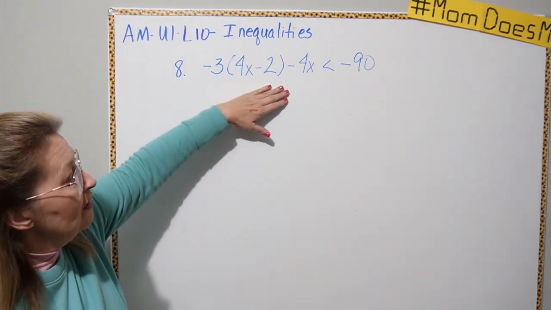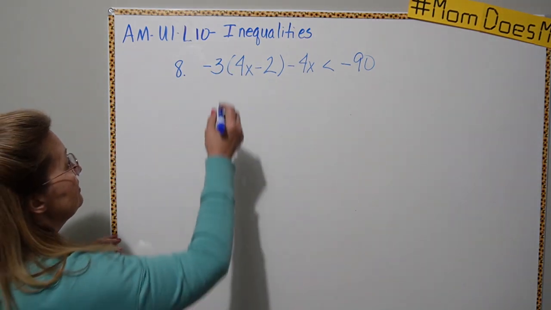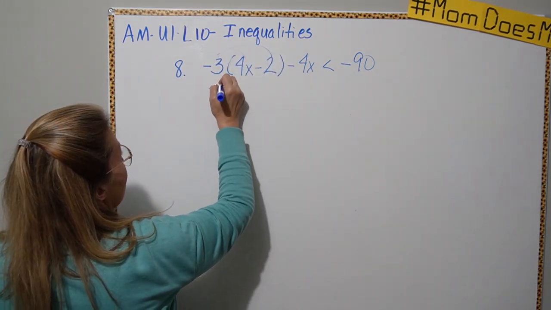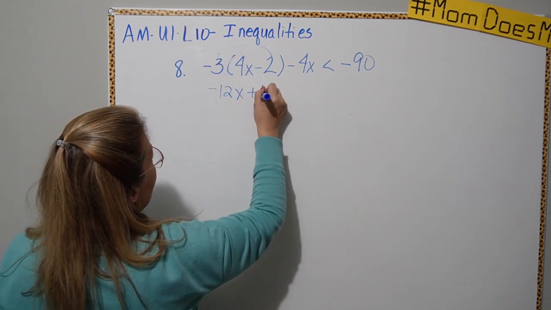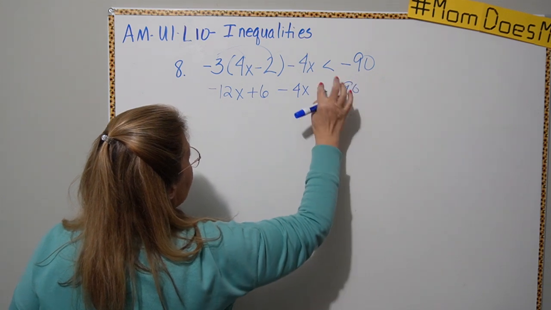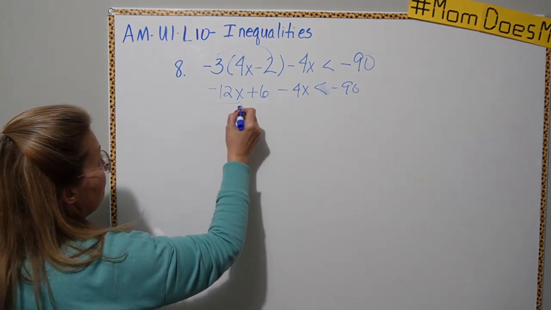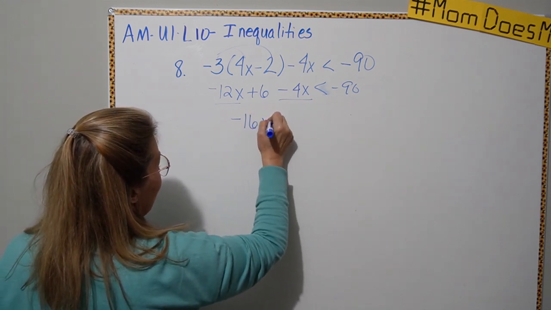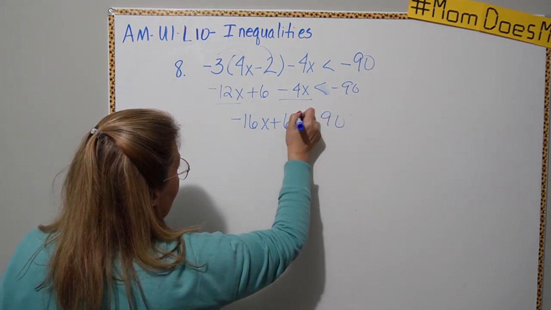We're going to start over here on the left, and we're going to simplify by first getting rid of the parentheses. So we're just going to distribute. -3 times 4x is -12x. -3 times -2 is +6. Minus 4x is less than -90. All right. Next, let's go ahead and combine -12 and -4 gives you -16x plus 6 is less than -90.